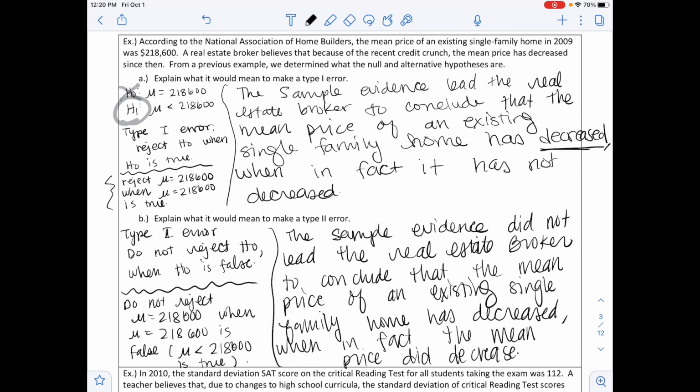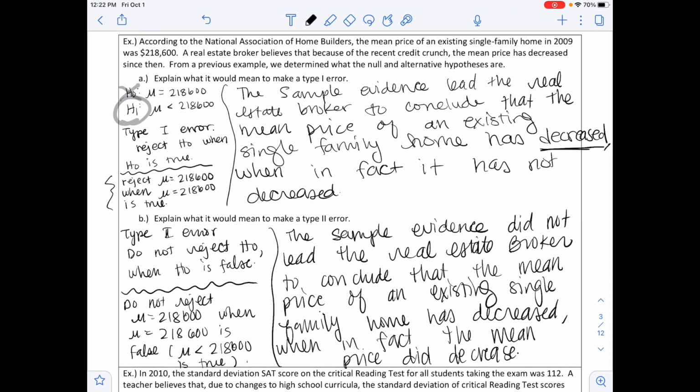So now looking back at type 1 and type 2 errors, remember that H naught is what we're assuming is true. And this real estate broker came in thinking that the mean price has decreased. And so for type 1 error, we rejected our null. So he had enough evidence to conclude that yes, it did decrease, but it didn't.